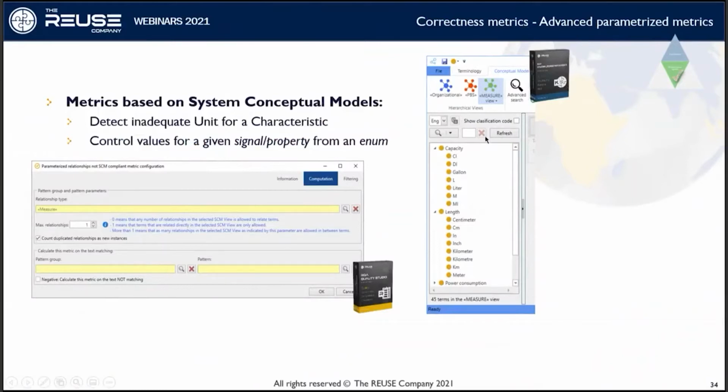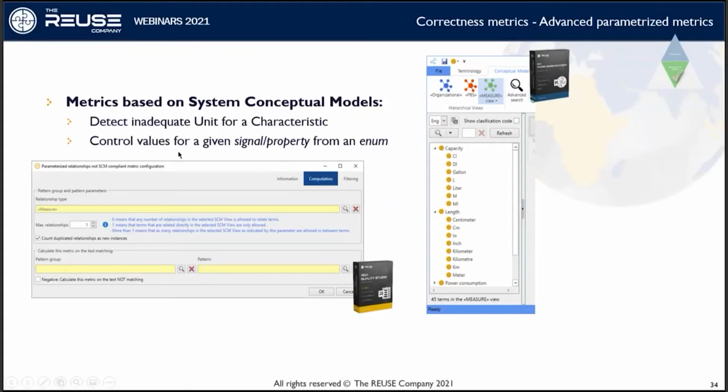For example, a measure relationship is relating the properties with the measurement units. So basically here what we do is make sure that the property is linked to the correct unit. This is the intent of this metric, which is called detect inadequate unit for a characteristic.